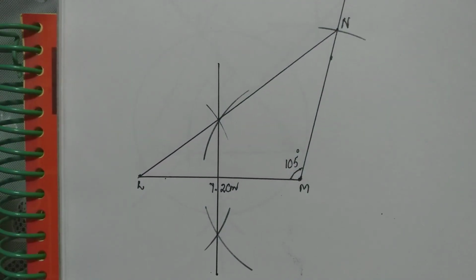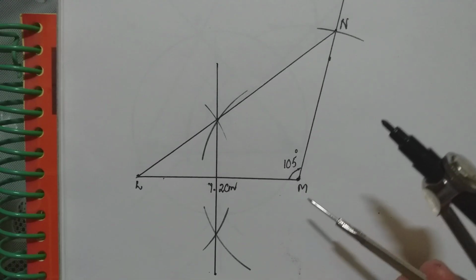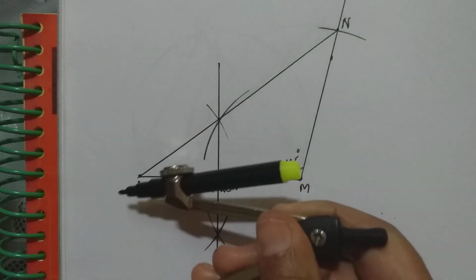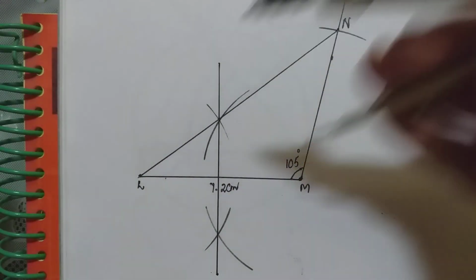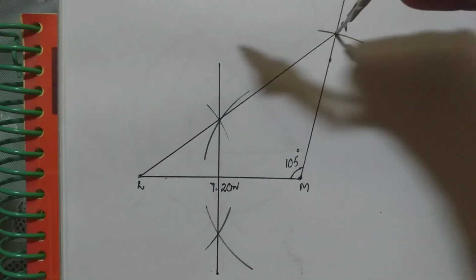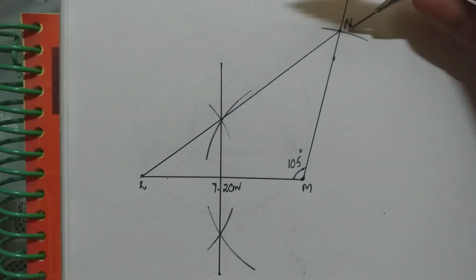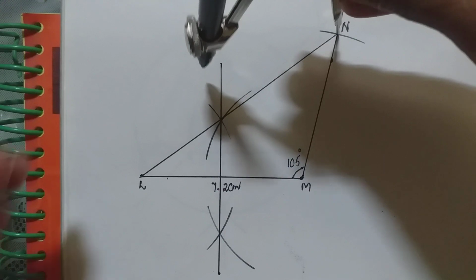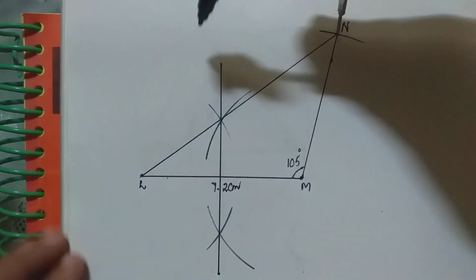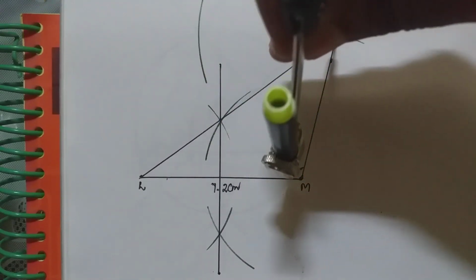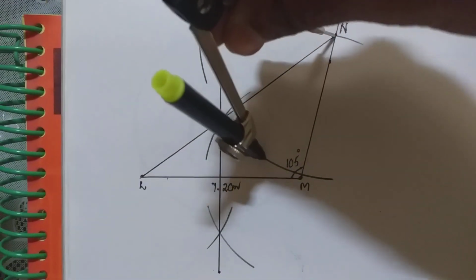Now I have to draw one more perpendicular bisector. So let me take this side LN. So again I take a radius more than half of LN, and I draw an arc above the line segment and below the line segment.